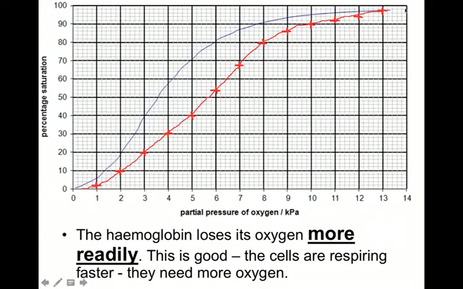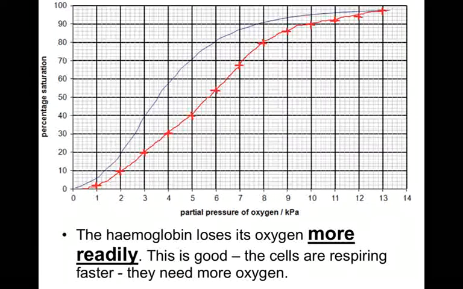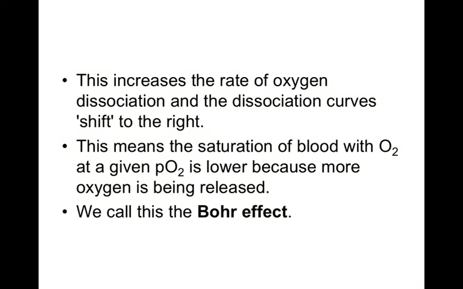And so you're still loading the same amount of oxygen onto the red blood cell, and then when it gets to the tissues, it will unload, or dissociate, at higher partial pressures, which means you're going to supply more oxygen to the respiring tissues, which is a massive advantage. So again, we refer to this as the Bohr shift, and the principle behind it means that at higher partial pressures, more dissociation happens and therefore more oxygen goes to those respiring tissues.